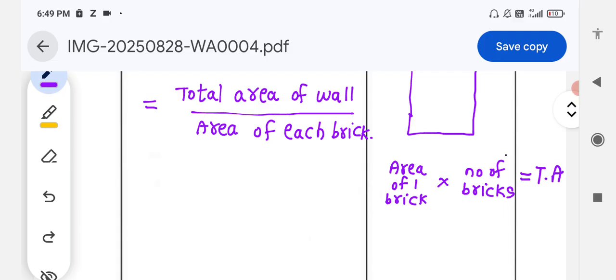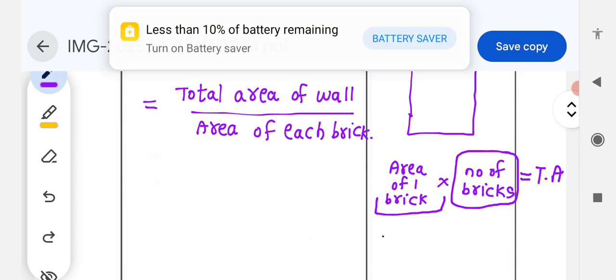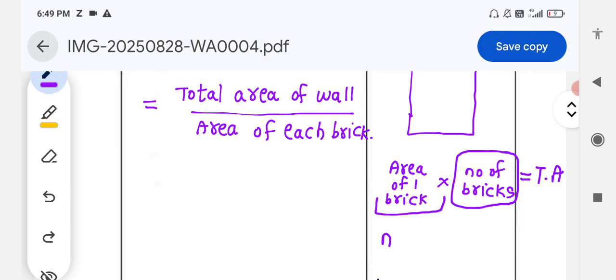Now if you want to know the number of bricks, since the area of one brick is being multiplied to the number of bricks, if you throw it to the opposite side, it's going to be dividing the total area. So the number of bricks will be equal to the total area, and the multiplication symbol goes opposite, it becomes divided by the area of one brick.